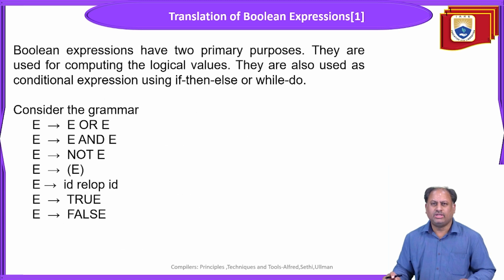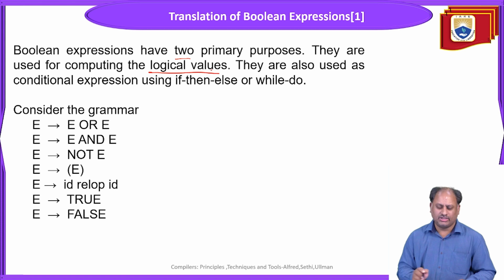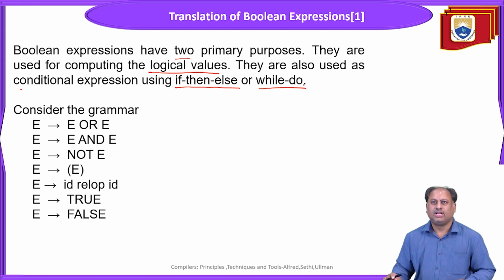Now, how the Boolean expressions are to be translated into syntax directed form can be seen by using the following grammar. Here, it is to be applied with two main purposes: one is for computing logical values, and another one is for conditional expressions, like the if then else and while do statements.